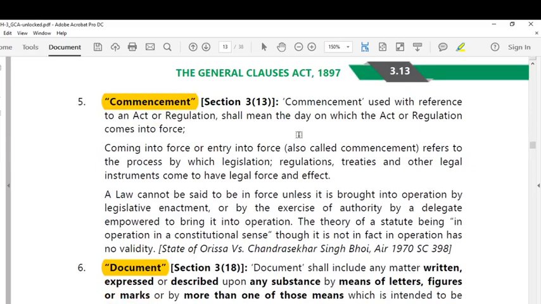So the next definition is about the commencement. Commencement used with reference to an act or regulation shall mean the day on which the act or regulation comes into force. Coming into force or entry into force refers to the process by which legislation, regulation, treaties, and other legal instruments come to have legal effect or force.